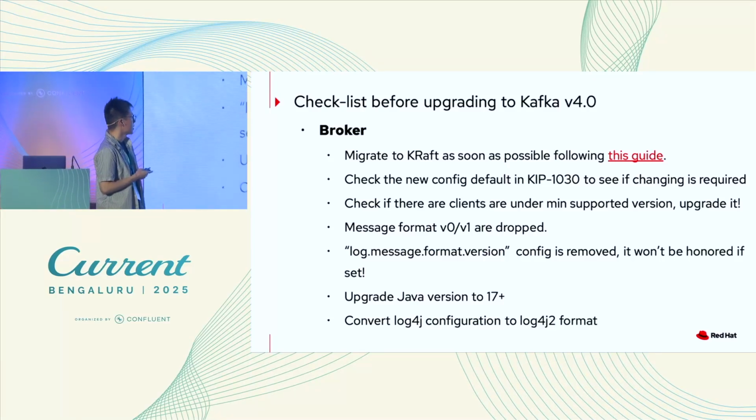And also, there are some minimum supported client versions listed earlier. If you are using some old version, please upgrade them. Message format 0 and 1 are dropped, and the low message format version is removed. It won't be honored even if you set it, so please take a look. And also, please upgrade your Java version to 17 or above and convert your Log4j configuration.